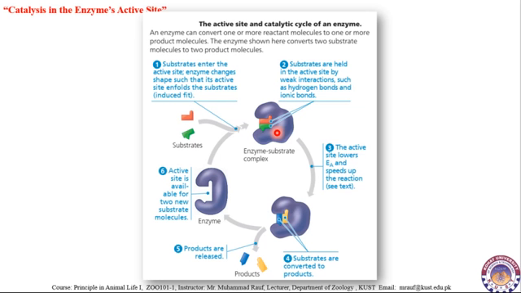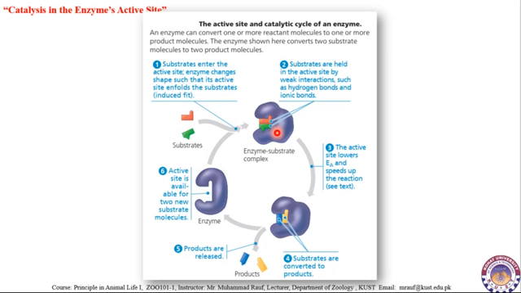In the lock and key model, the active site does not change. So these are 2 different models. We discussed that in our last lecture, the induced fit model and the lock and key model. So here they are basically showing the induced fit model.